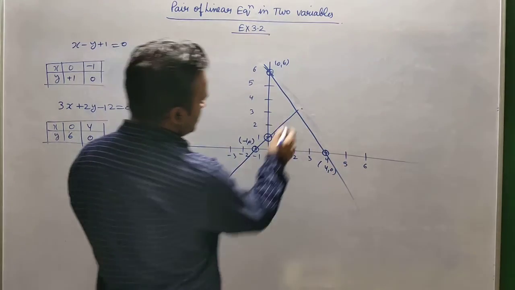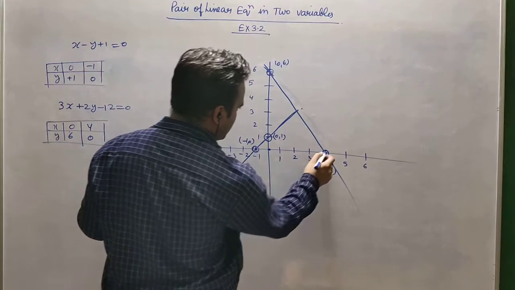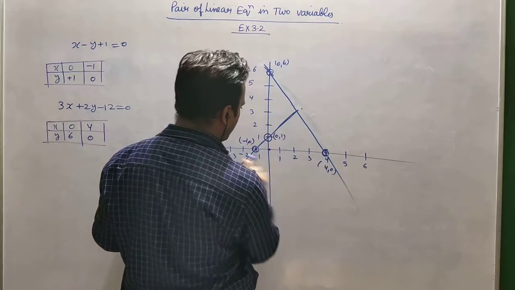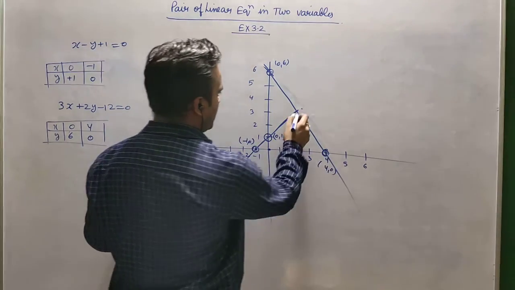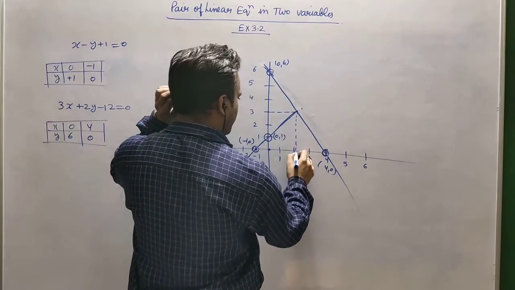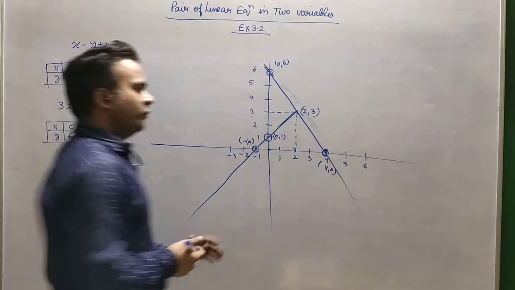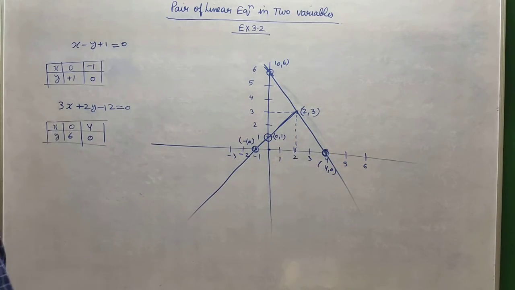So you can see this triangle we are getting, and this triangle has this vertex and this vertex. Two vertices are known, minus 1, 0 and 4, 0. And this vertex we have to find. You can see it is here somewhere. So I think it is 2, 3, because by graph only we can find the exact points.